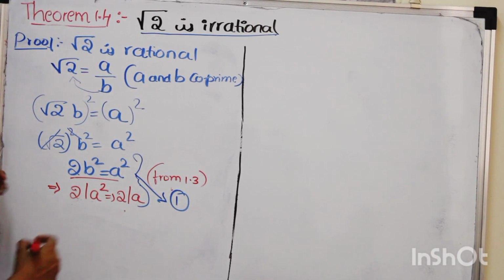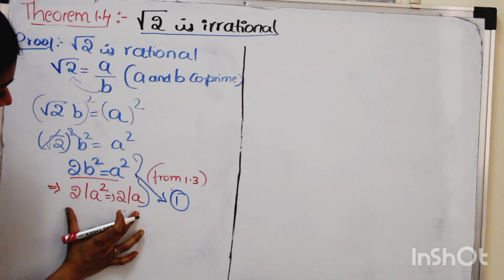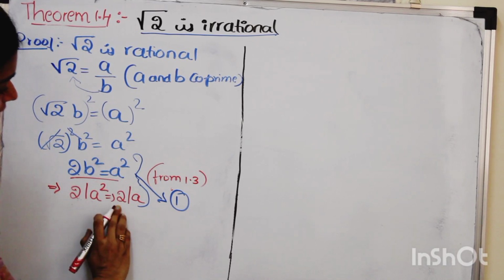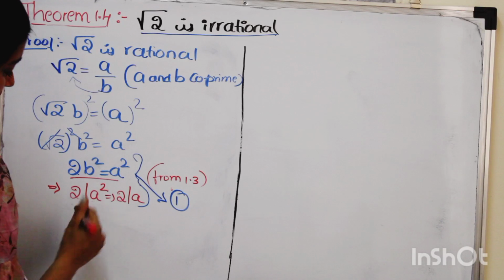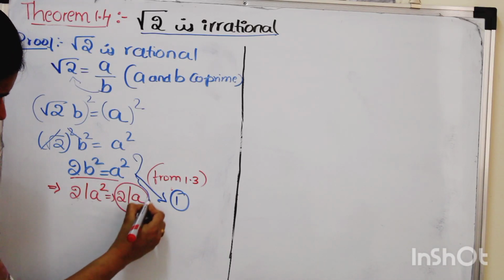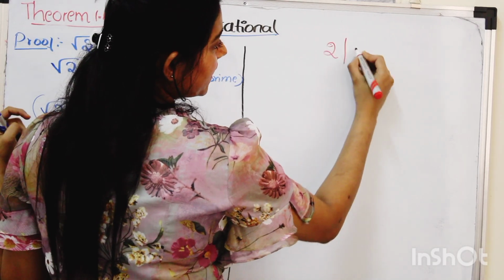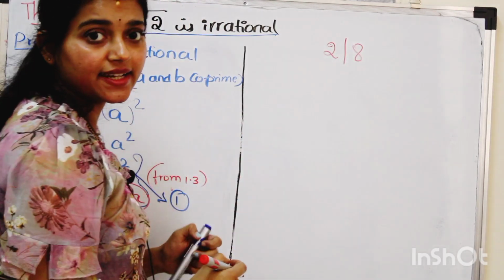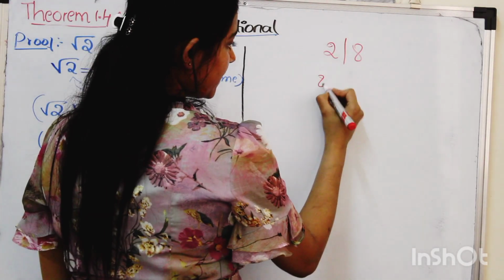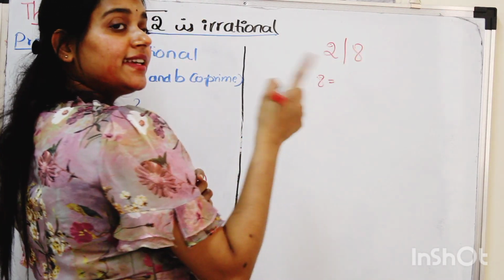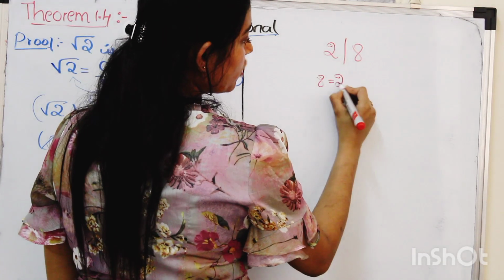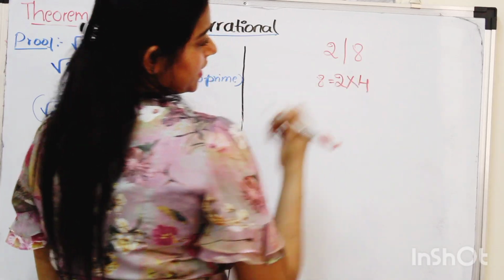Take this as equation 1. Now again, 2 divides a square, so this implies 2 divides a. For example, if 2 divides 8, then 8 can be written as a multiple of 2. 2 fours are 8.